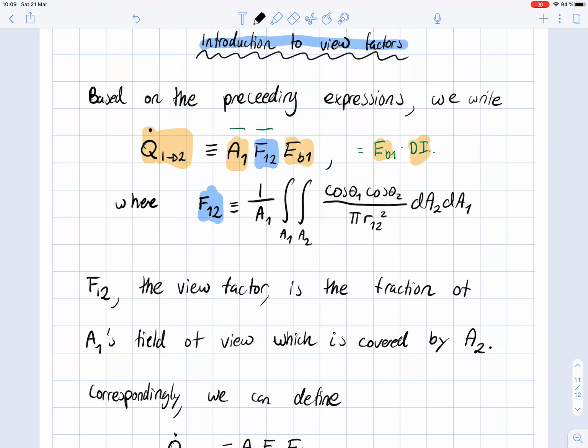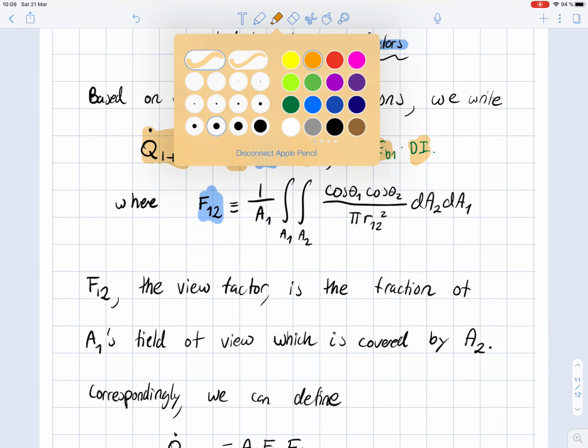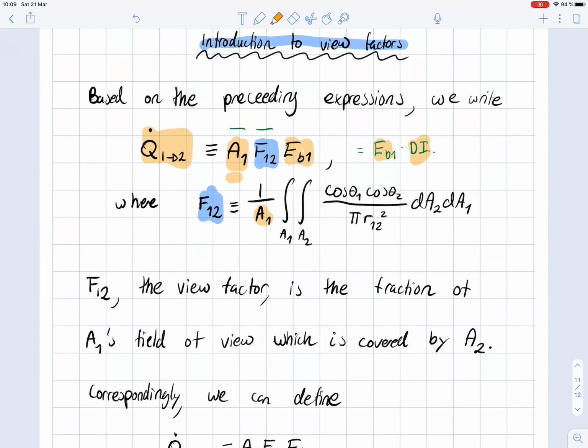It is 1 over the area, A1, same as we have here. And then we have this expression, which is the double integral that we have introduced already. This may seem as a strange definition, but we'll see in the following lectures that this is actually very, very useful to write it like this rather than considering the double integral instead.